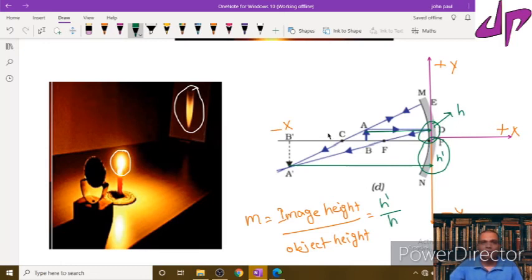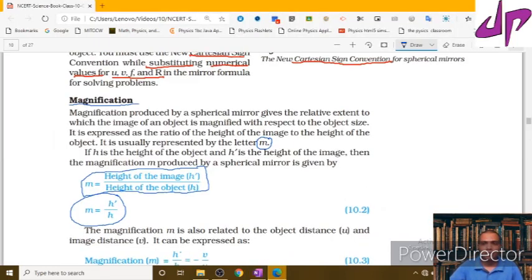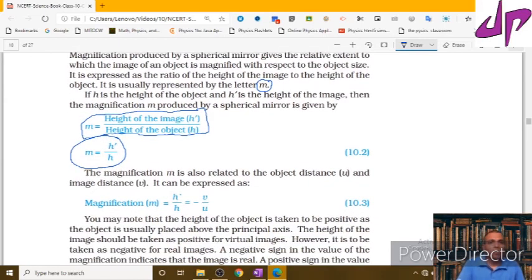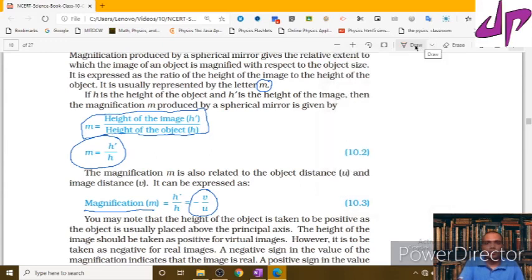Magnification has one more formula, in terms of the distances. m equals the ratio of the image distance to the object distance. Here you can see carefully, v is the image distance and u is the object distance.